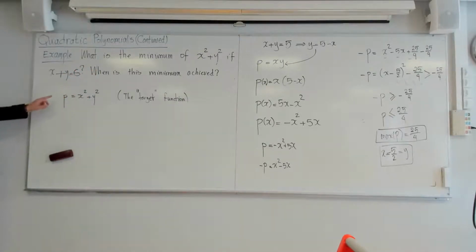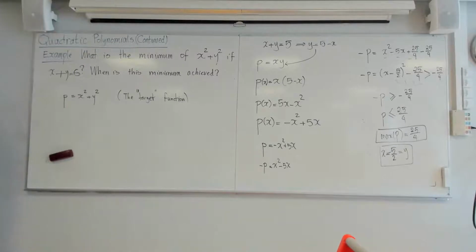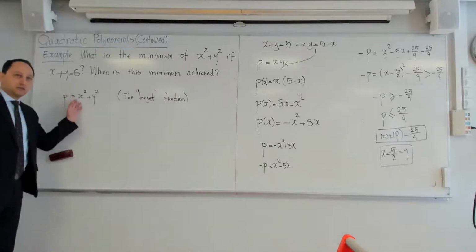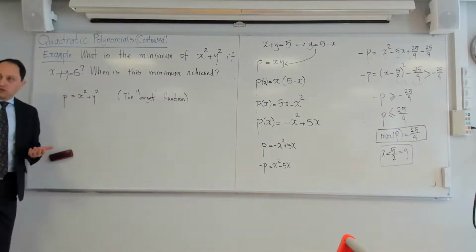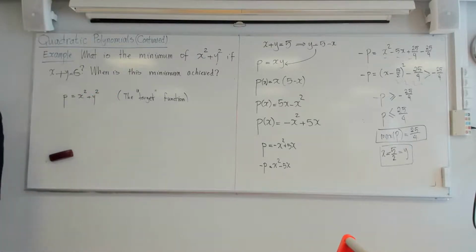And then immediately you see one problem here. The problem is that I have two variables. So far, we have learned only working with one single variable. So it motivates me to get rid of one of these variables in favor of the other one. And usually, we are used to work with x, so let us get rid of y. Of course, it doesn't matter at all which you're getting rid of.